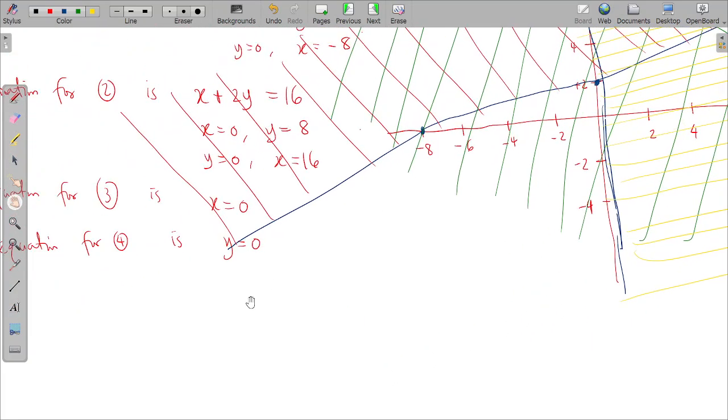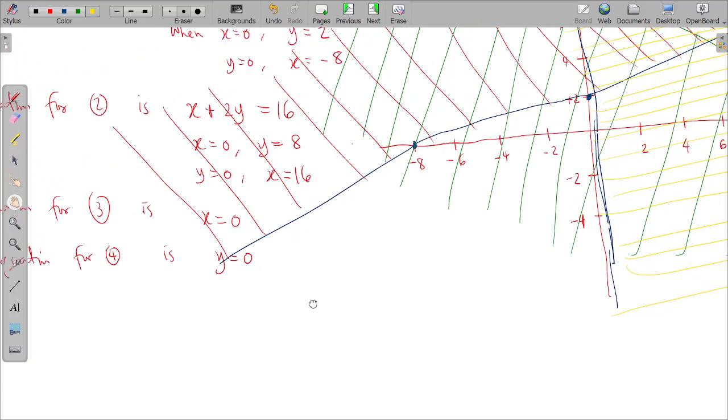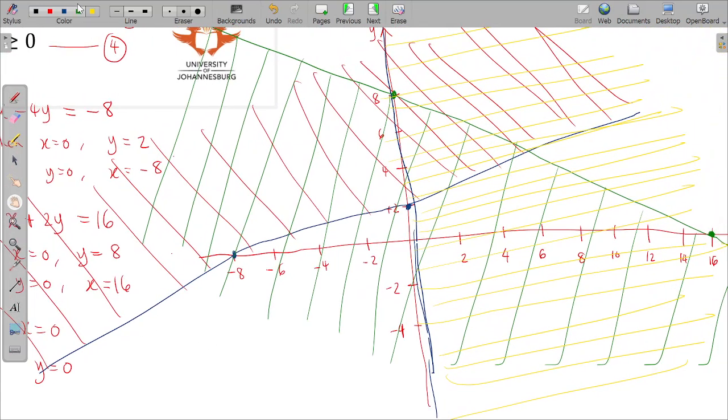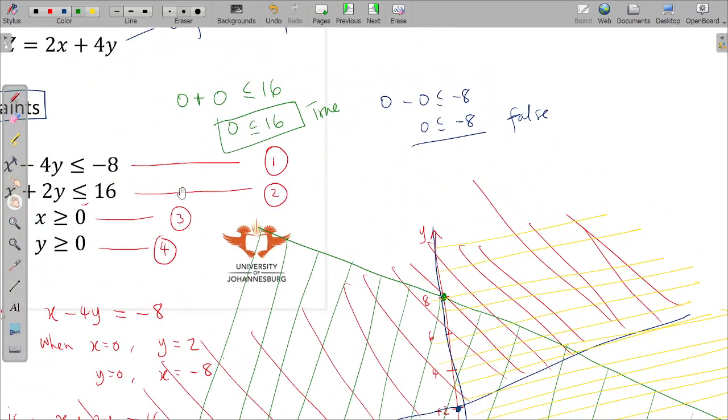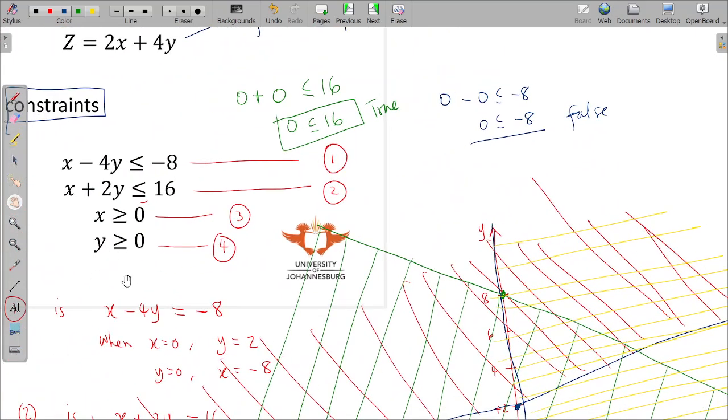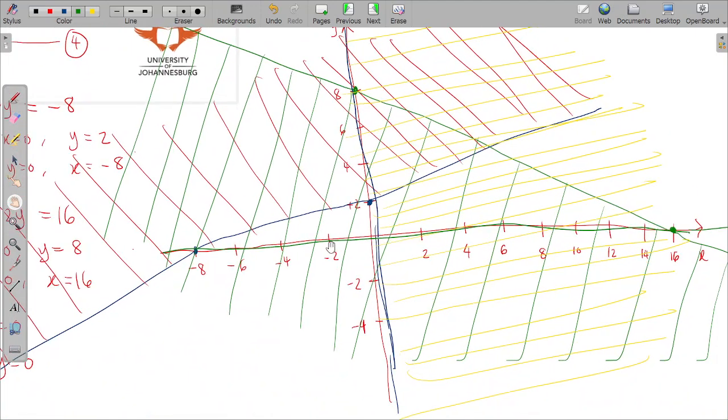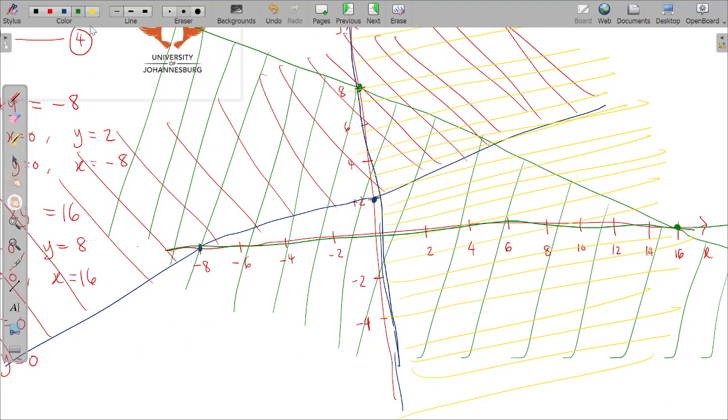Okay, the next one is for us to determine y equals to 0. The line y equals to 0 is this line. Now I need to shade the side of y greater than 0.